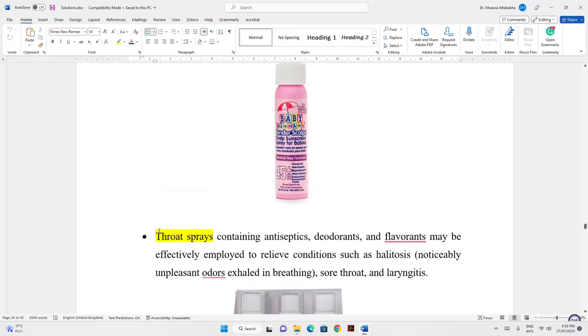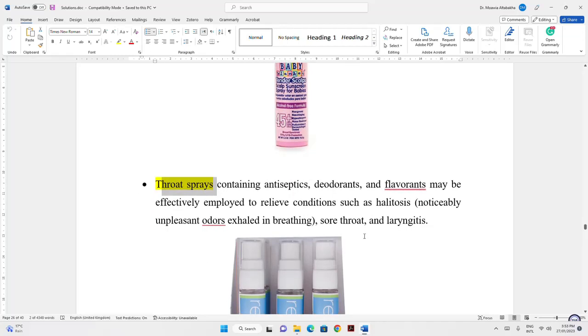Other application is to the throat, as I said. These will include antiseptics for the throat, to spray it on the throat. Deodorant here means not the one that you apply to armpits or underarms.